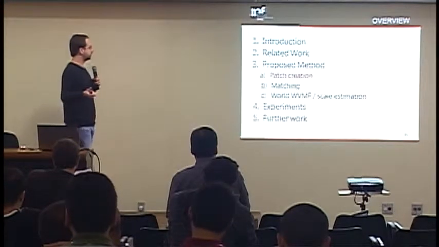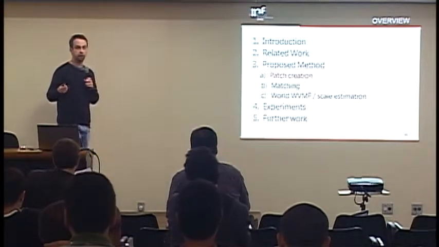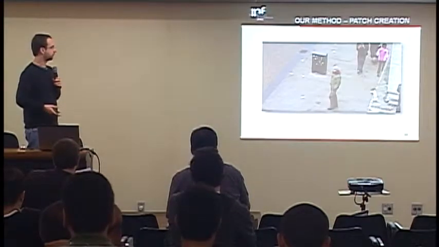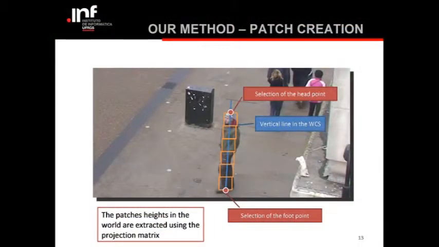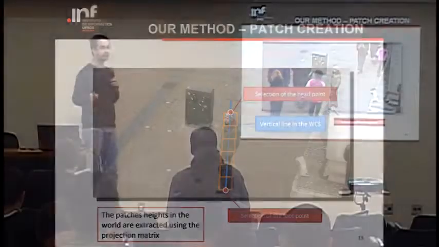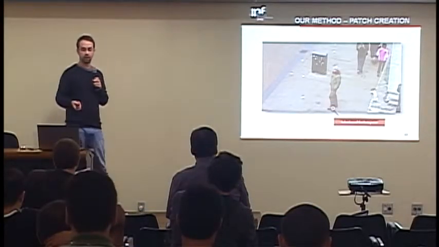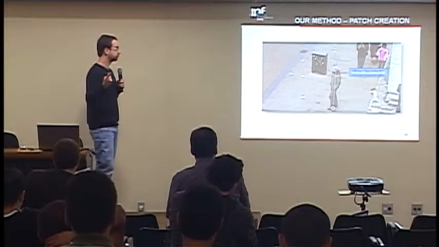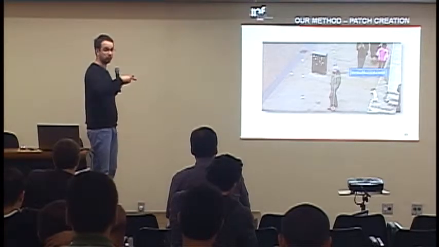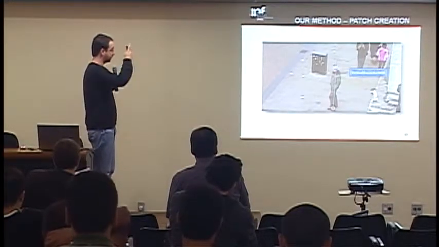So the first thing is how we create these patches at the first frame. I did a very beautiful animation here. First the user selects the foot point, like marked here. Then we draw a line that is vertical in the world, and we project that to the image. We have this line.